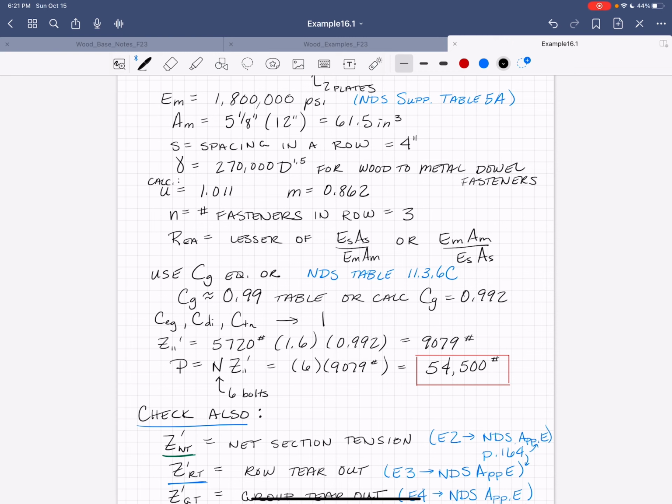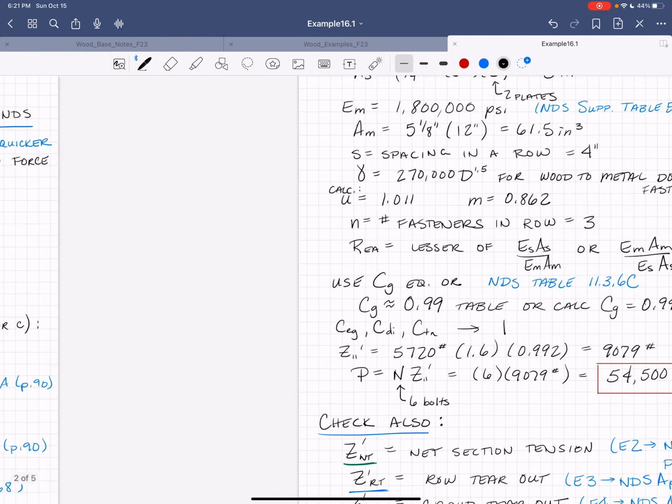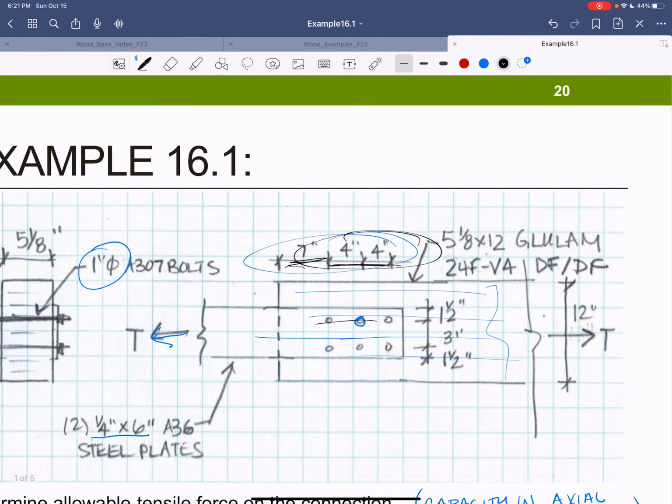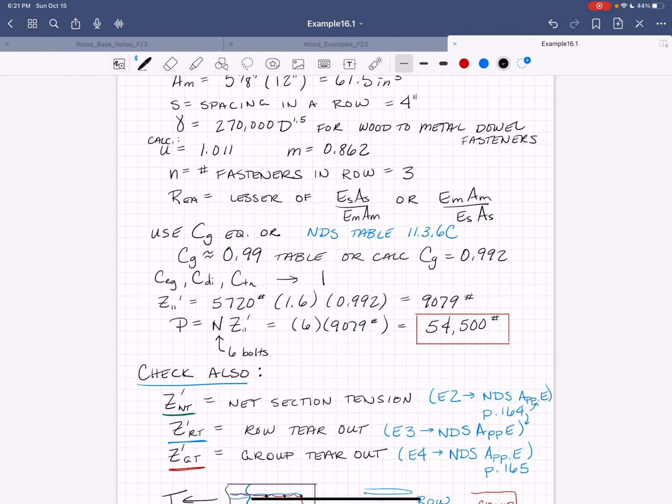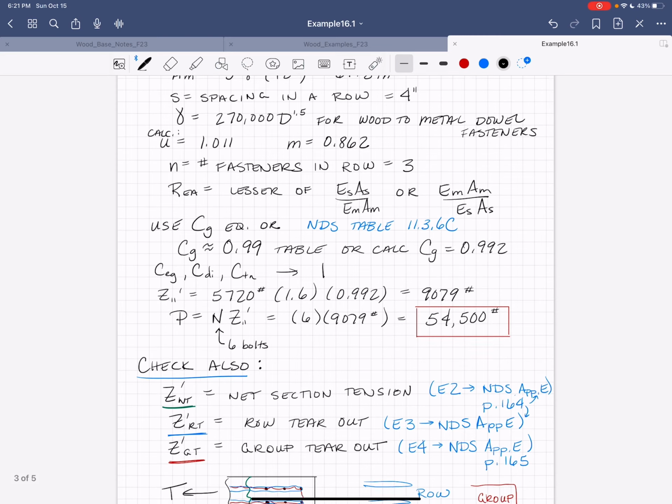N is the number of fasteners in a row. We've got 3 fasteners in a row, all right? And then R sub EA is going to be the lesser of the EA of the side to main and then main to side. So you just take whichever one's lower.